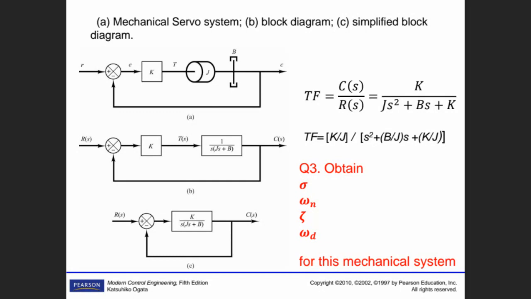Anket açıyorum. Omega n is equal to P over J.